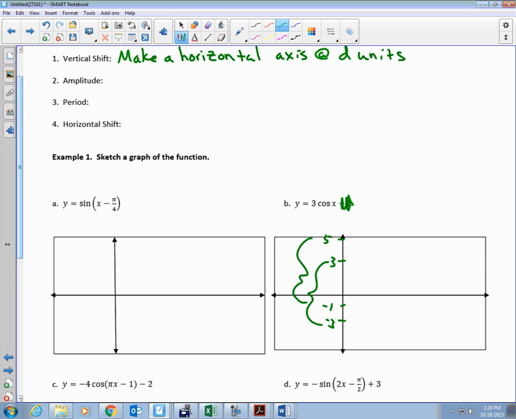So here's what we do. We identify the vertical shift. The vertical shift is what? 2. It's that number on the end.